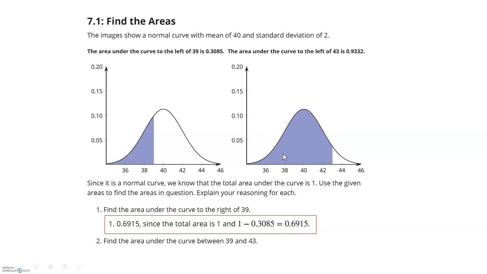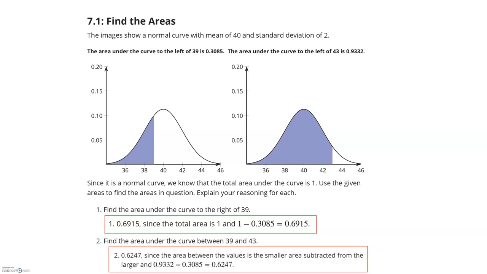So one more time, you just have to do a subtraction. And in this case it will be the area under the curve to the left of 43 minus the area under the curve to the left of 39. And that will be 0.6247.